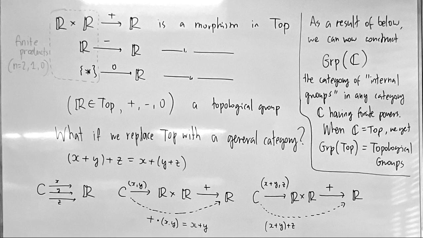Okay, so when we say that those 3 maps are continuous, we're basically saying that they are morphisms in the category of topological spaces, aren't we?